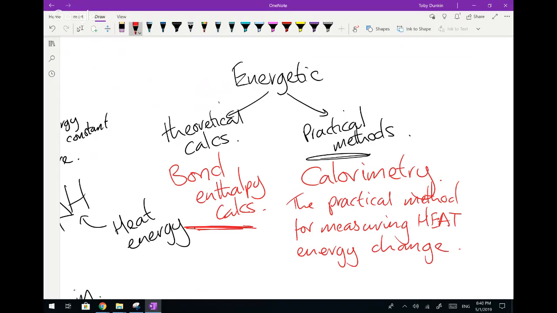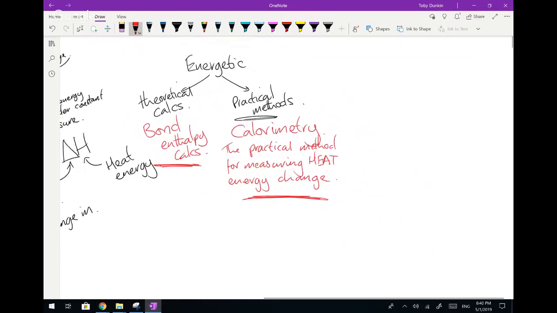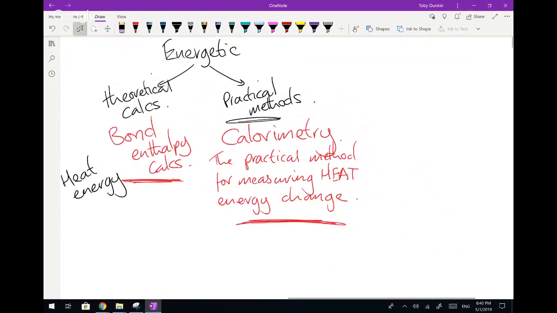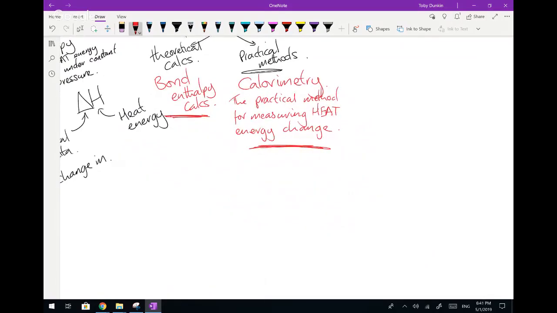We can calculate what the heat energy output would be for a reaction. However, we can then do them practically and compare them. And of course, I would assume that everyone in this room would realize that the theoretical calculations will produce bigger numbers compared to the practical methods.